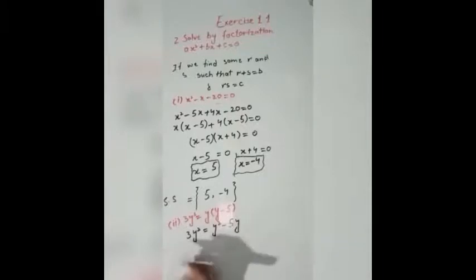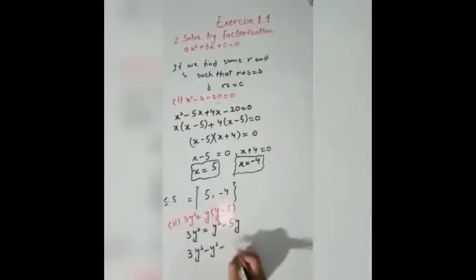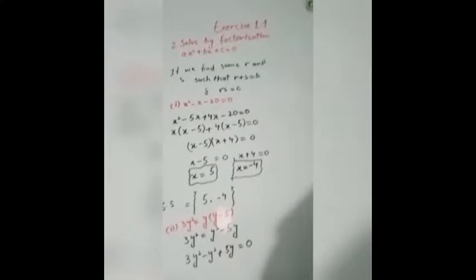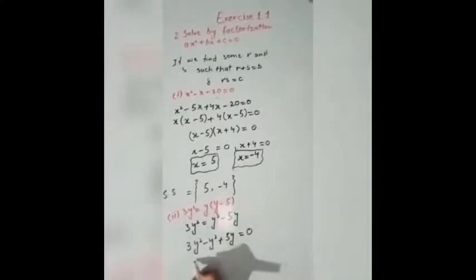So now shift: 3y square minus y square plus 5y is equal to 0. Now we have 2y square plus 5y is equal to 0.